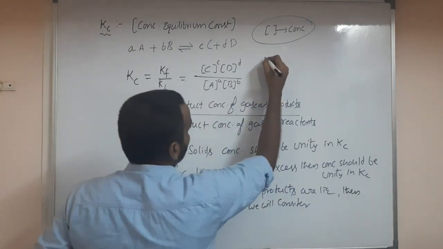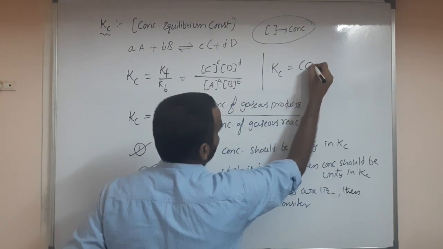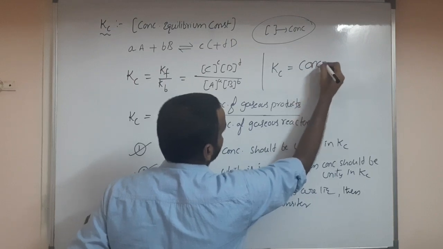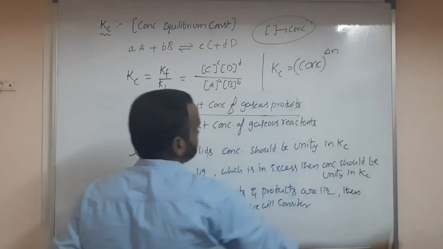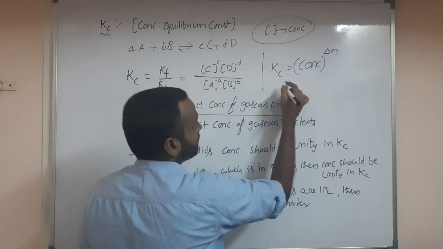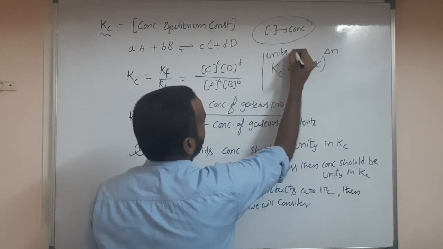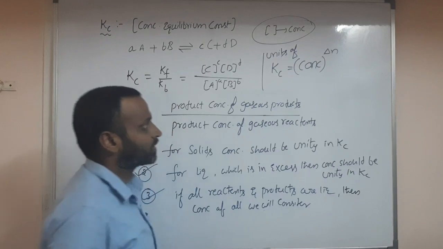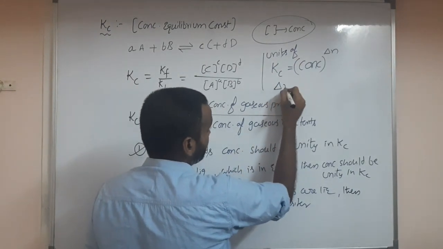One more thing I forgot to tell you: Kc units. The units of Kc are concentration power delta n. What is delta n here?